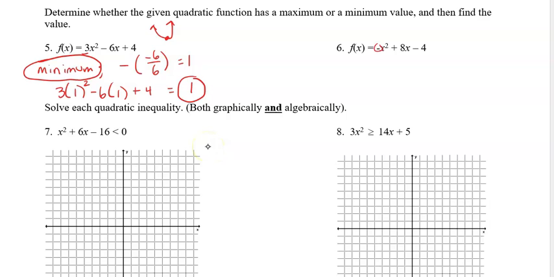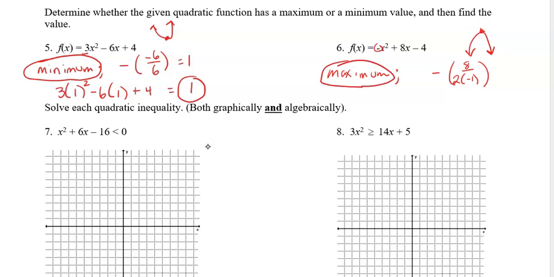Number 6, because this parabola opens upside down, it's going to have a maximum. And find the value the same way. The opposite of b, which is 8 over 2 times a. So this is negative 4, but the opposite of negative 4 is positive 4.